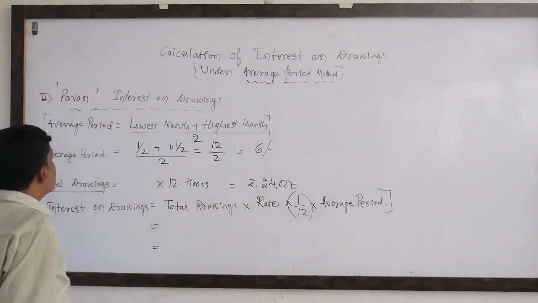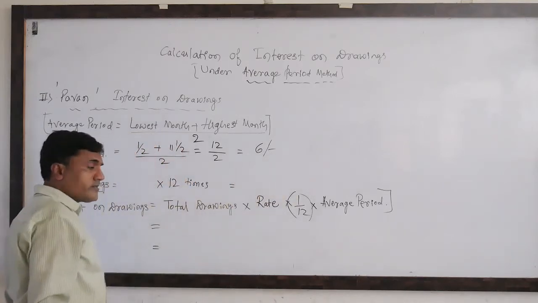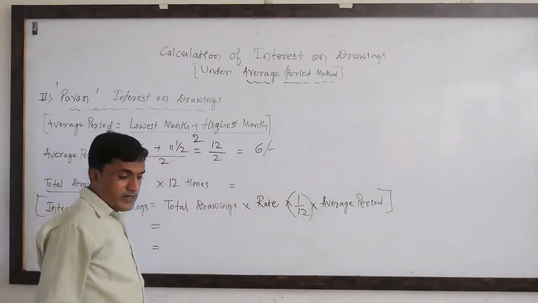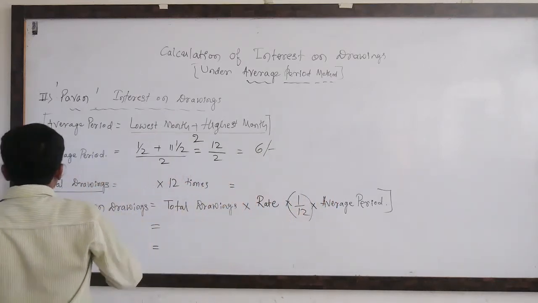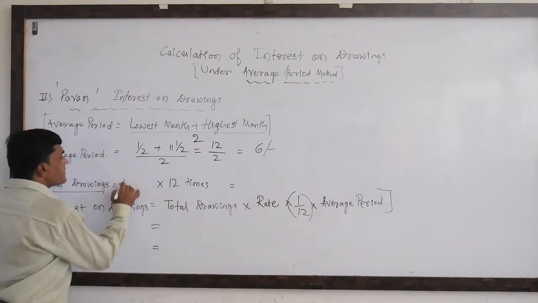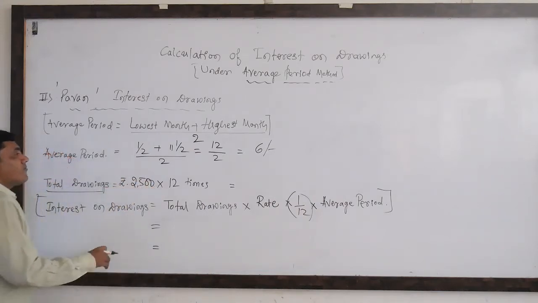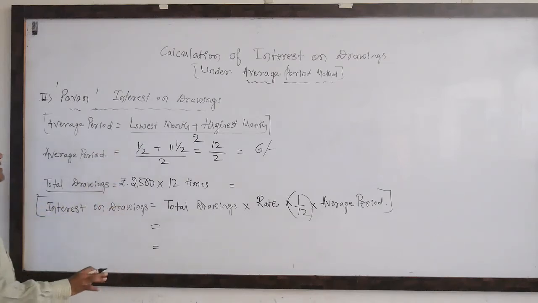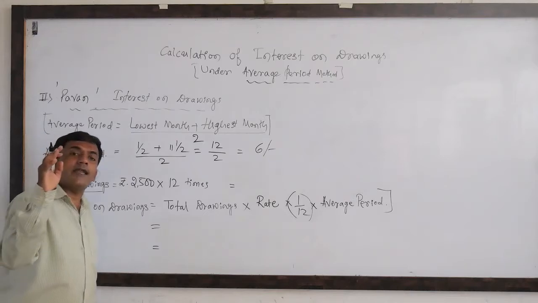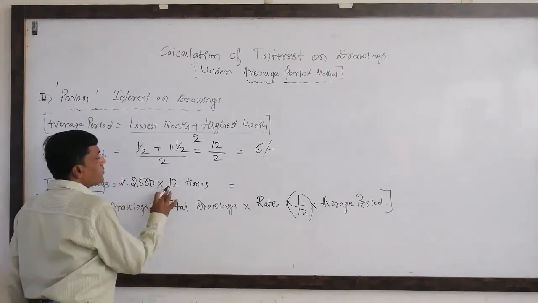So the total drawings of Mr. Pawan, he has made his drawings of rupees 2,500. Whether he has made his drawing at the beginning, the middle or the end, he has made his drawings 12 times.